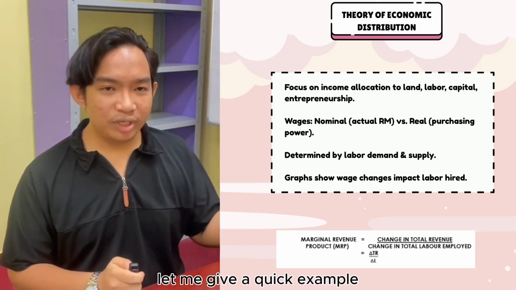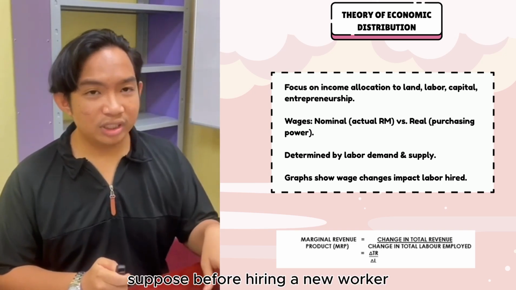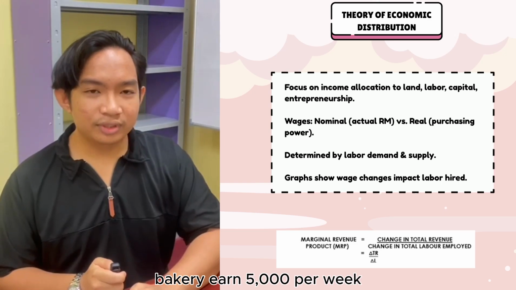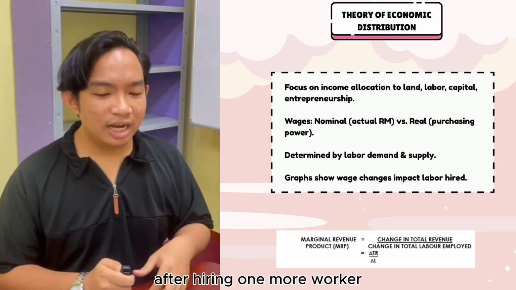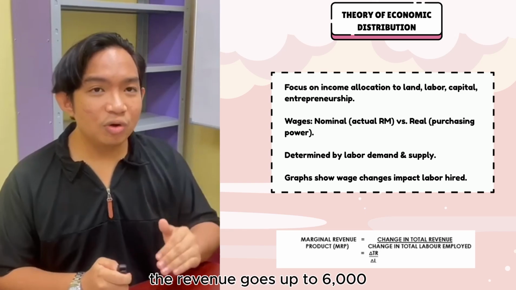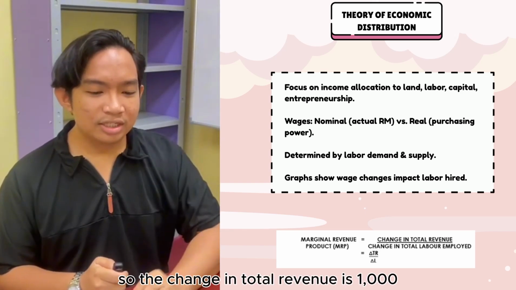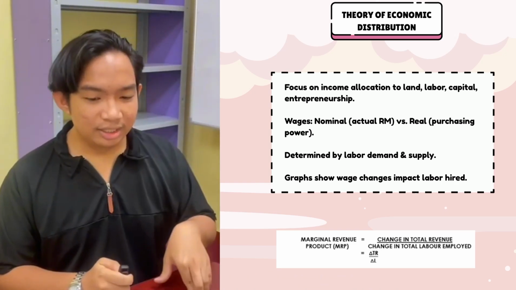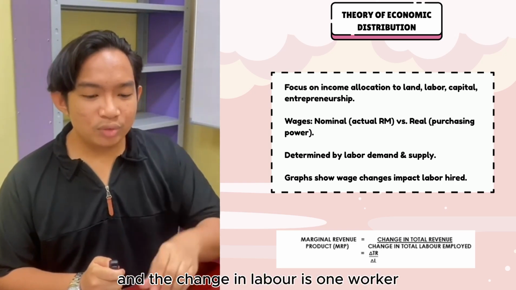Let me give a quick example. Suppose before hiring a new worker, a bakery earns 5,000 per week. After hiring one more worker, the revenue goes up to 6,000. So the change in total revenue is 1,000 and the change in labor is one worker.